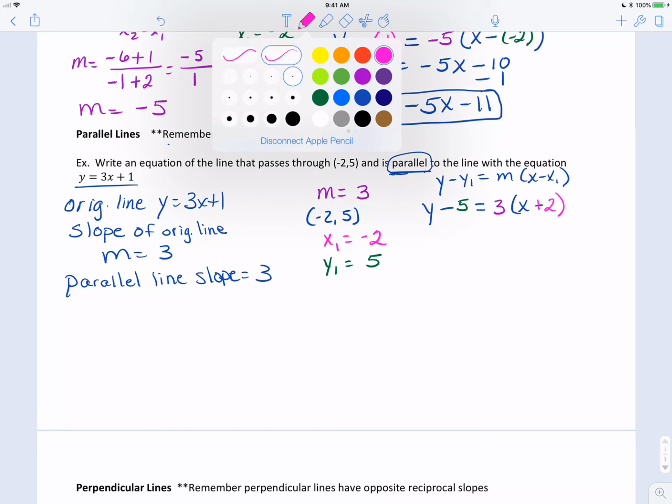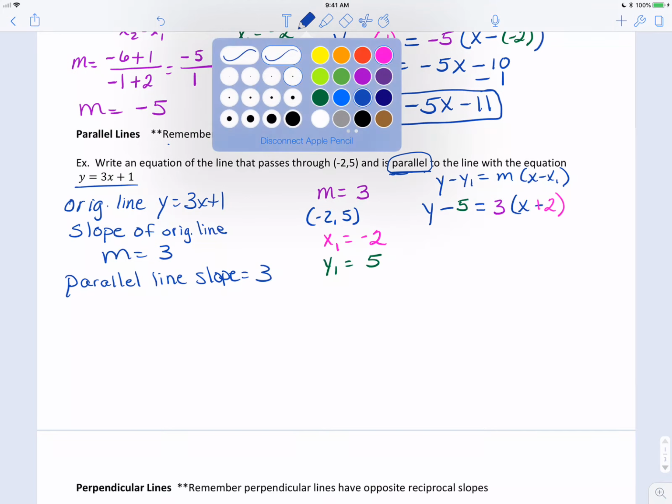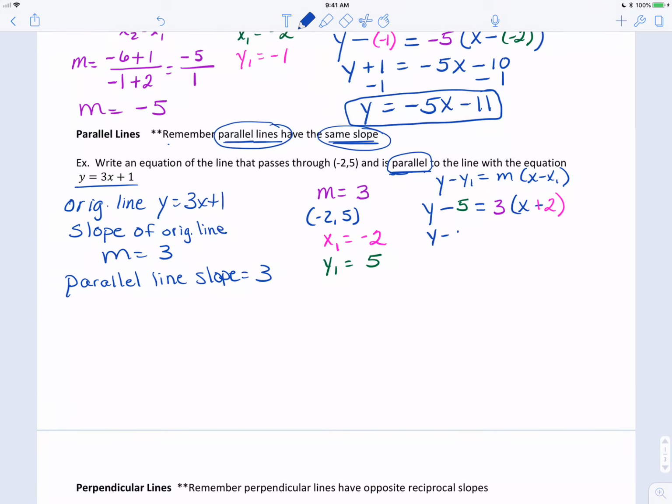All right, so we're going to go distribute that 3. So y minus 5 is equal to 3x plus 6. Make sure this 3 gets distributed to everything inside those parentheses.